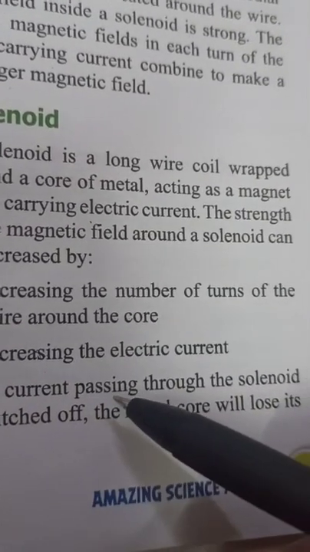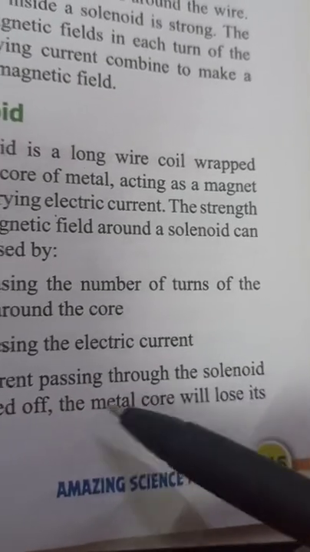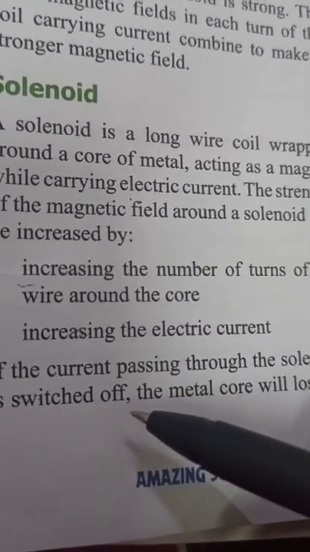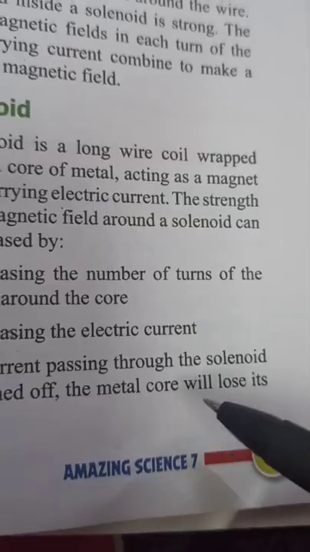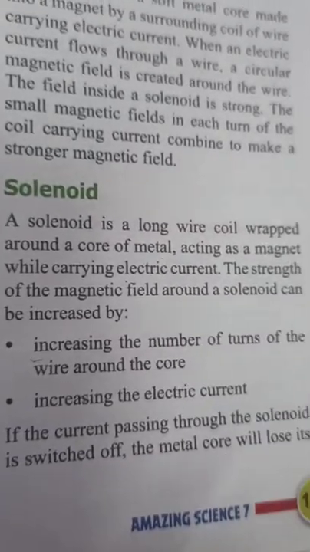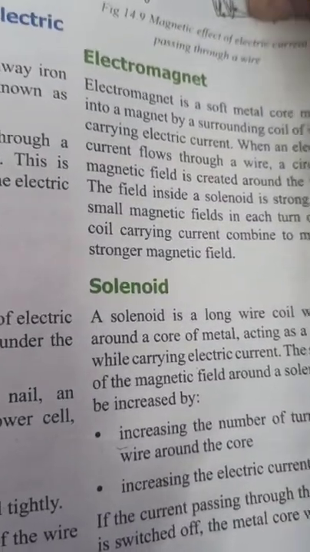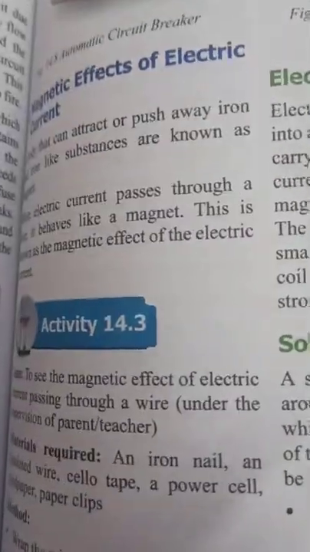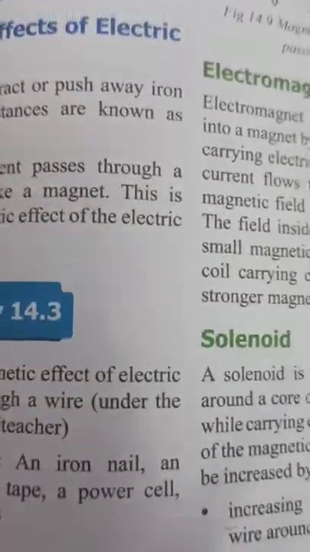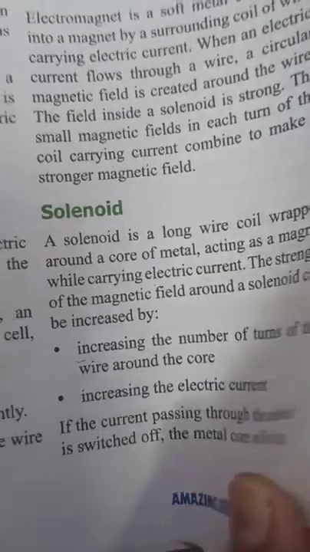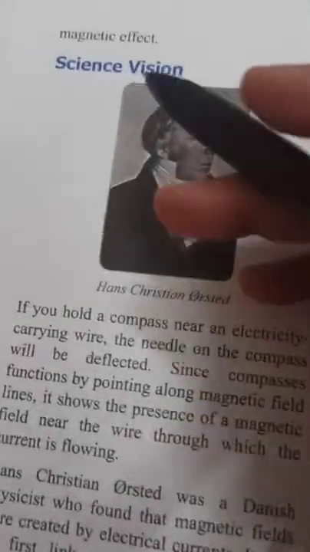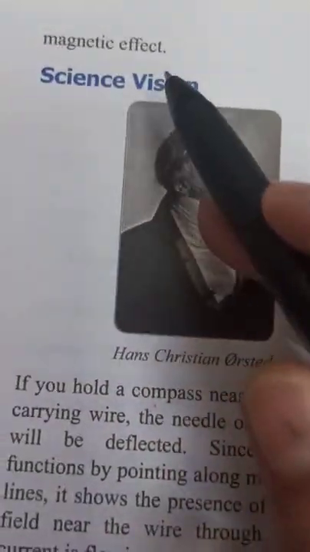If the current passing through the solenoid is switched off, the metal core will lose its magnetic effect.